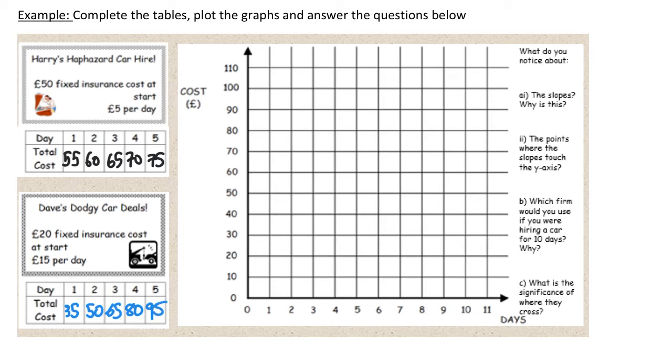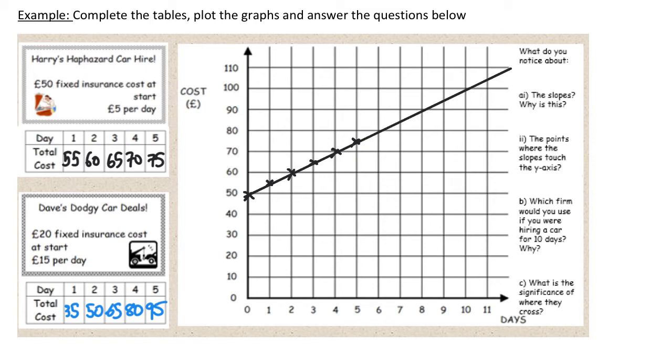We can plot Harry's values on the graph. It starts at 0, which was 50. 1 was 55. 2 was 60. 3 was 65. 4 was 70. And 5 was 75. And then we can join the line through those. And then repeat for Dave.